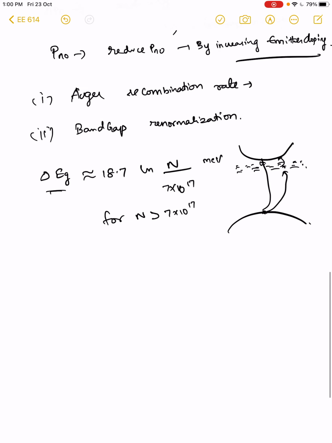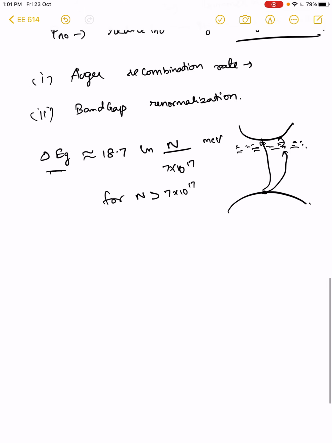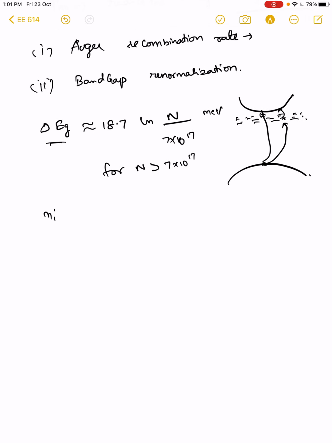So when I have delta Eg which is reducing, you can clearly see that the ni square is Nc Nv e to the power minus Eg effective by kT, because I have reduced, which can be written as ni naught. That is the situation where I have not included the effect of band gap narrowing into e to the power delta Eg that I have previously calculated by kT.